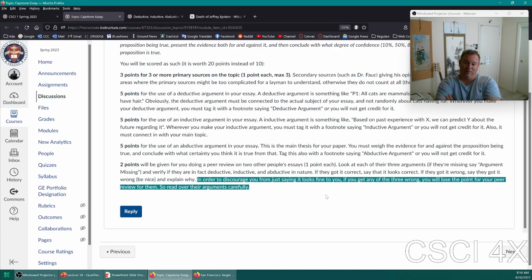And so in order to give you guys a little skin in the game and make sure you actually read the thing, if you get it wrong, if you say, yes, that is a deductive argument, and it wasn't, you lose your point for the peer review. So make sure that you get all three of them right. That if it's abductive, you say, yep, that's abductive. If they screw up on the inductive, say, nope, that's not inductive.